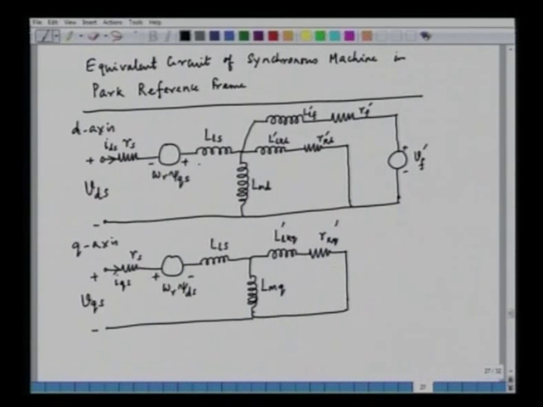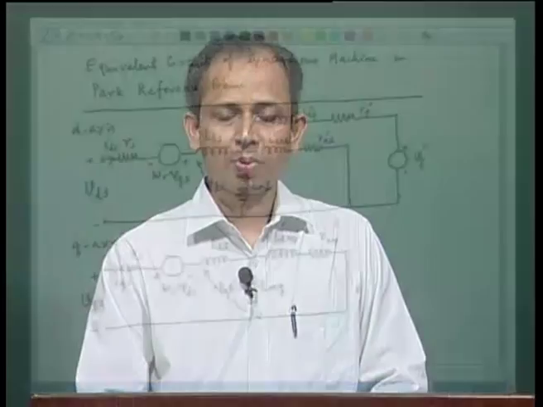And the various fluxes here we have: this is basically the stator flux linkage in the d axis psi ds, which includes the mutual flux and the stator d axis leakage flux. Similarly, this one is psi qs, the q axis stator flux linkage, which consists of the mutual flux and the leakage flux.